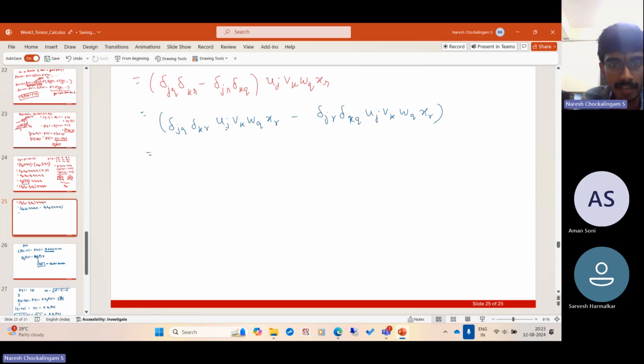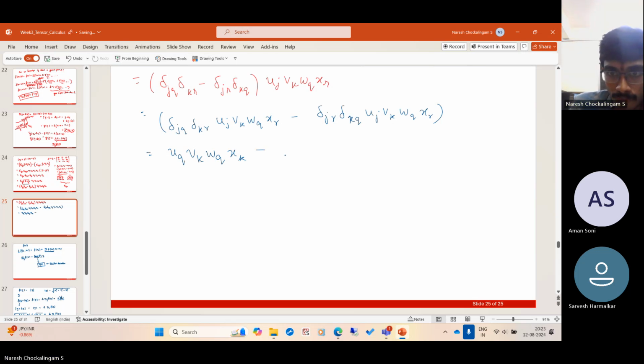Wherever you have j, you can replace it with q, so you get uq. Similarly for delta kr, wherever k is not equal to r, it is 0, so k is equal to r. So you get uq, vk, wq, xk. In place of r, you can replace k. You can do it either way. It will end up in the same expression.